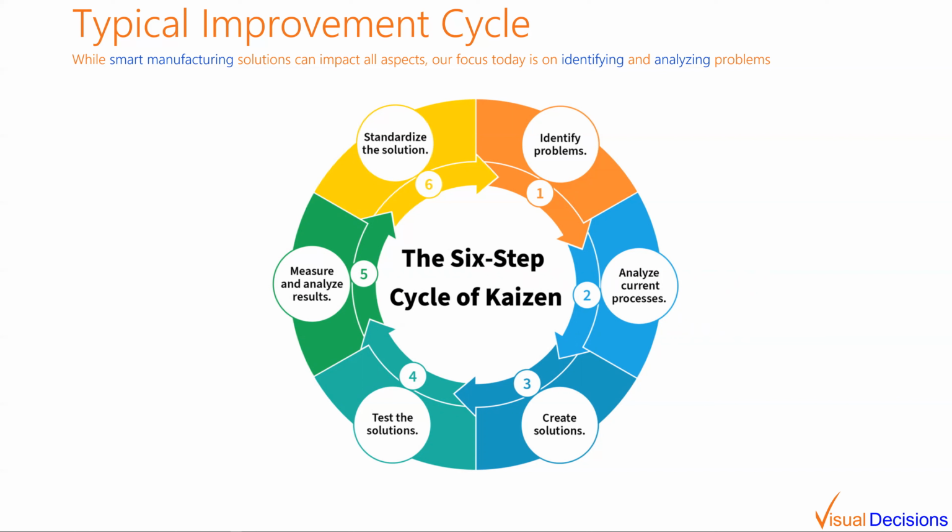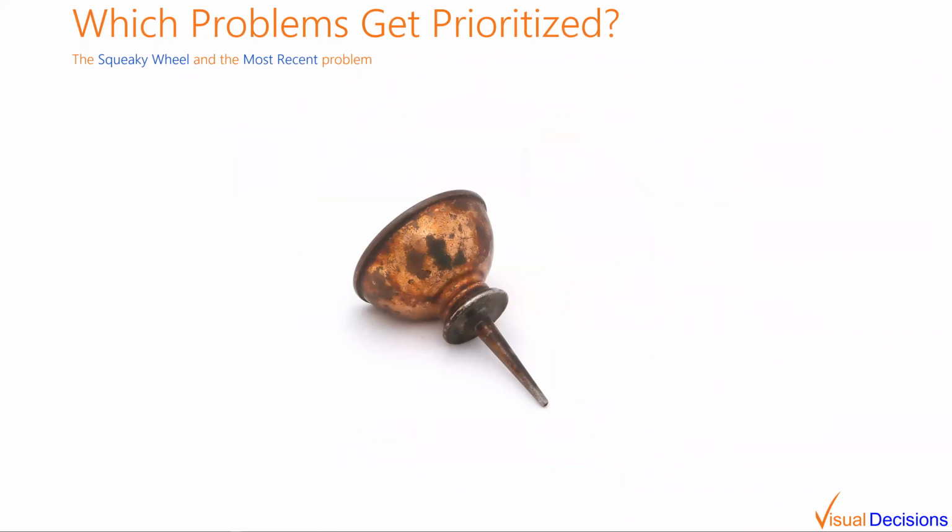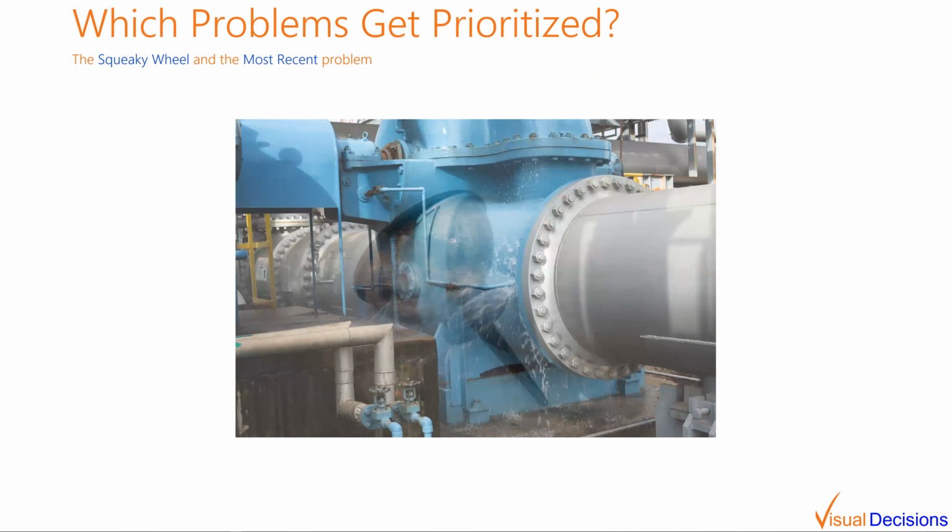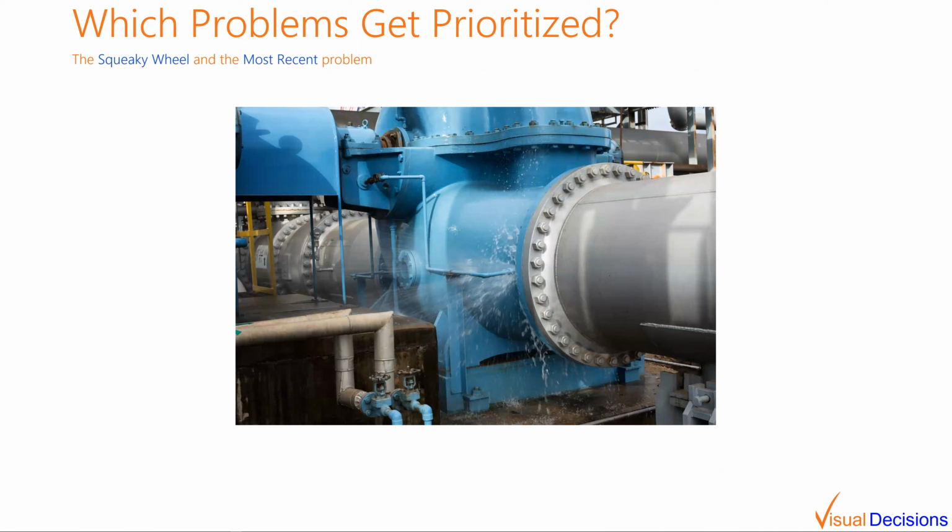Well, in terms of what problems we identify in the first place and how we prioritize those, what usually happens is one of two things. We very often end up just putting some grease on the squeaky wheel, or whatever the current most urgent issue is, the one that grabs everybody's attention and gets improvement processes put in place for that.